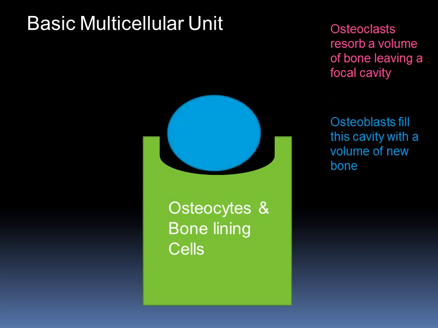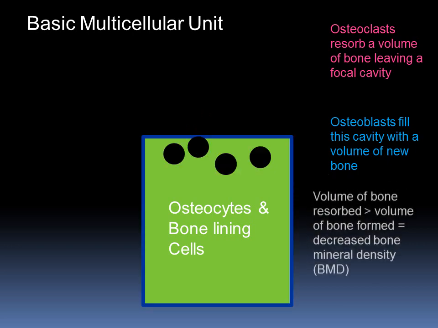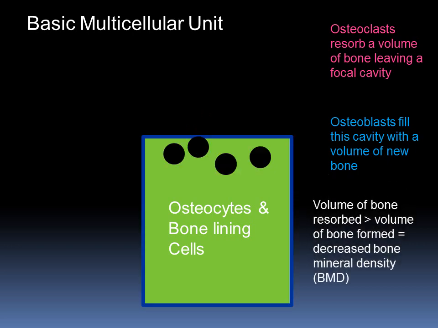Now what happens then is the osteoblasts will fill that cavity with new bone. But with osteoporosis, we find that the volume of bone being reabsorbed is greater than the volume of the bone being formed. And therefore, you start to see these holes in the bone, and we have a decrease in bone mineral density.